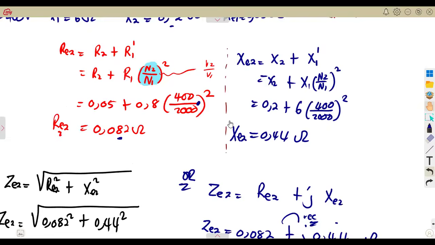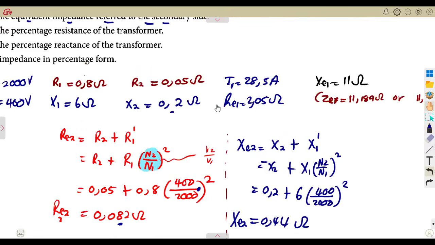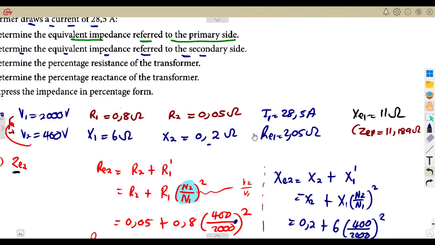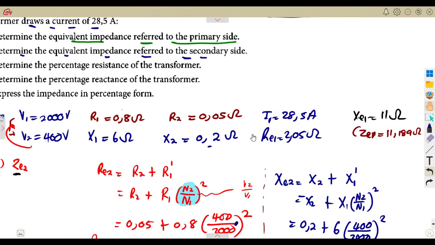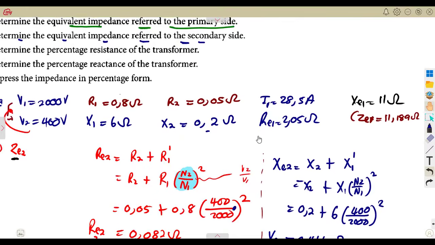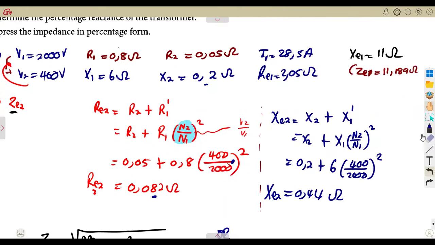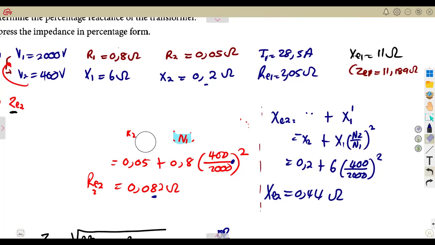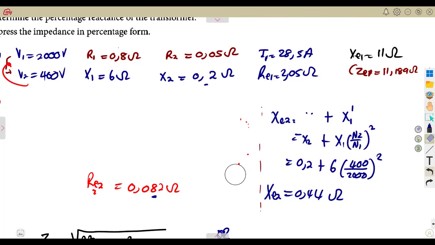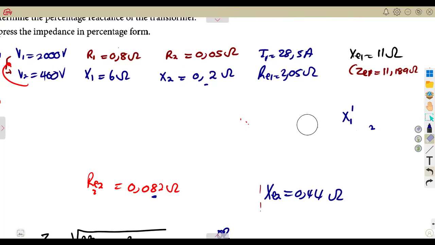Okay, so that is it, guys, for the secondary side, and we need to move on to another part. Let me just write these values again, because we might need them in our calculations to come. Our RE2 was 0,082.